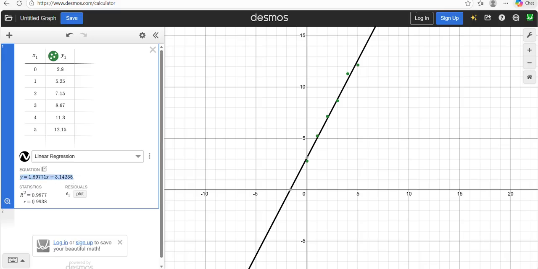Now, the question becomes, how does Desmos take these data points and find this number, the y-intercept, and this number, the slope of the regression line? So let's go over to a whiteboard.